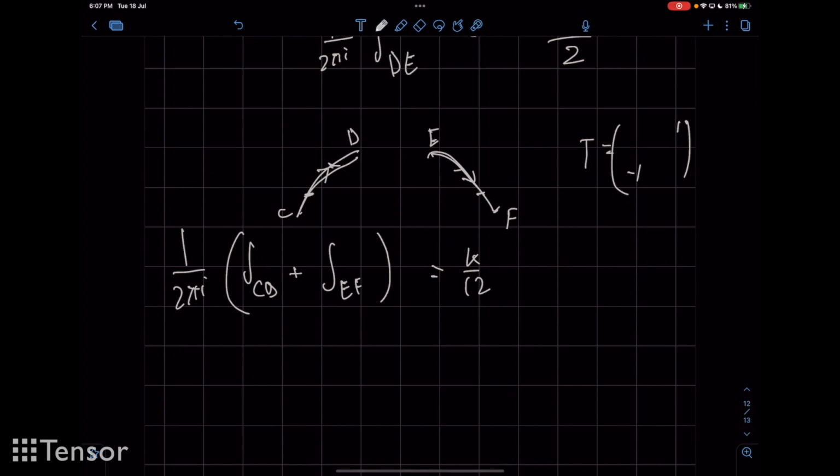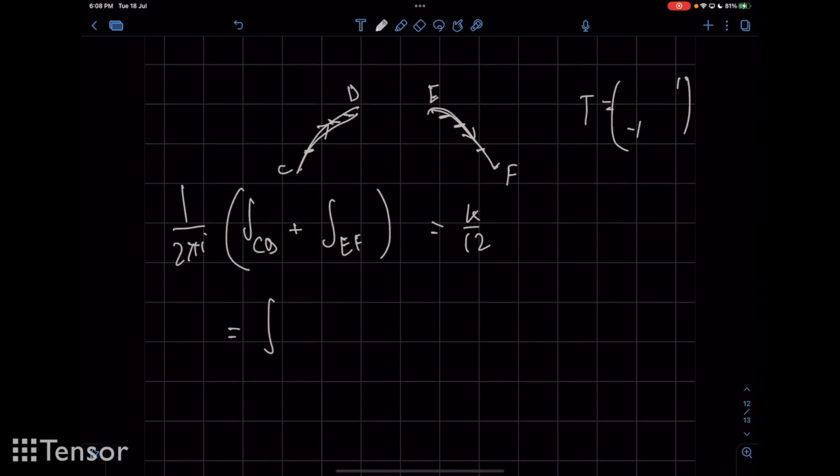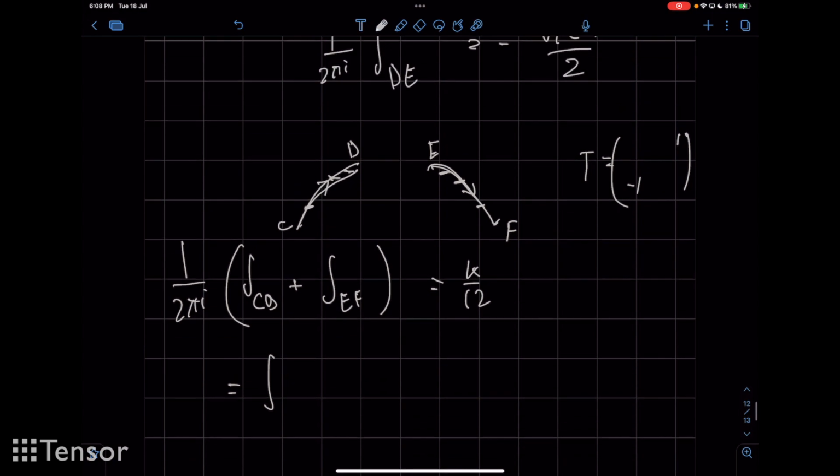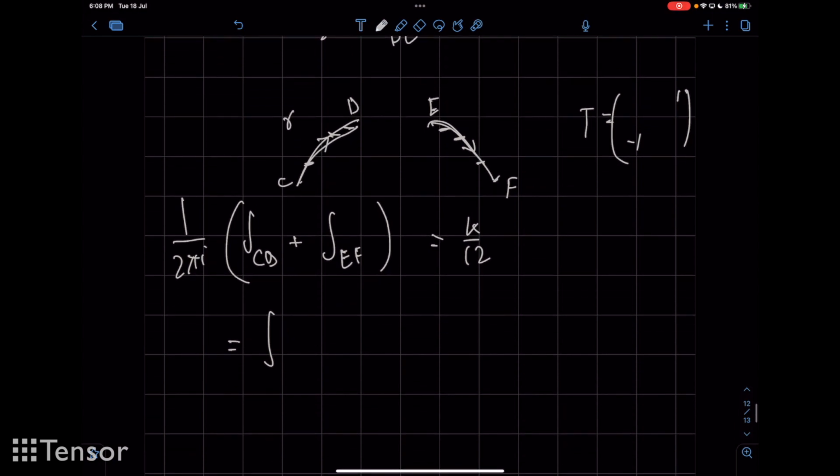If I have a point here, T maps it here. So the orientation gets reversed, right? So essentially, then what we have is that, let's say this is gamma. Integral of gamma minus integral of T gamma. Minus because the orientation gets reversed. So we need to compute this.